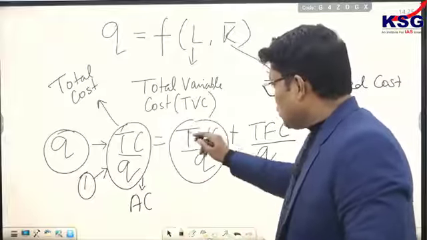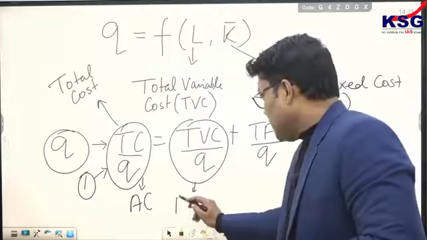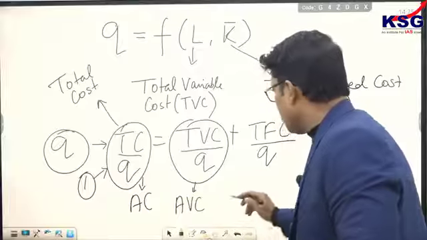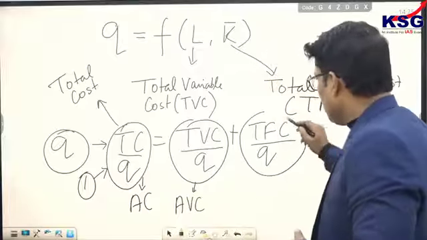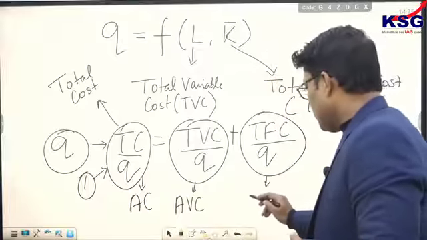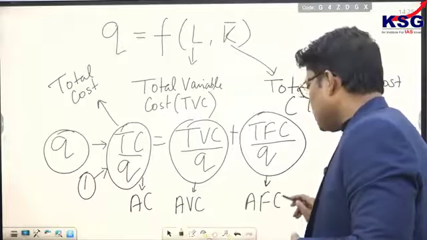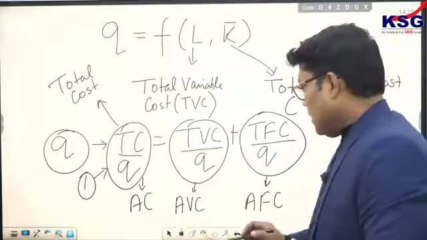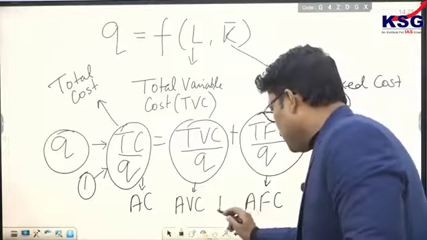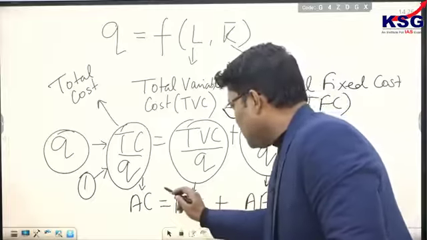TVC upon Q is known as AVC, average variable cost, and TFC upon Q is known as AFC, average fixed cost. And then AVC plus AFC is equal to AC.